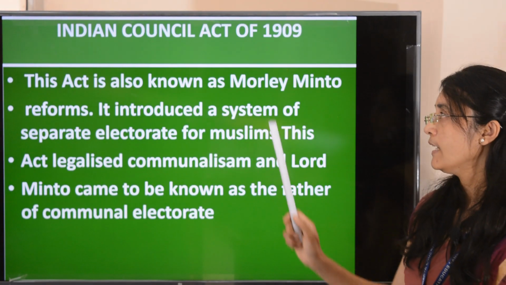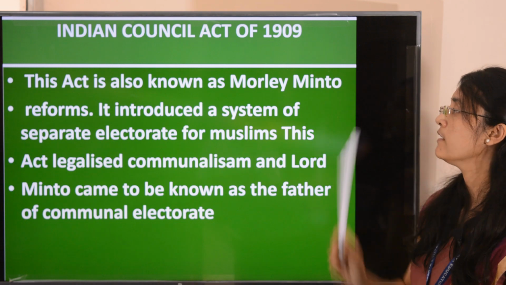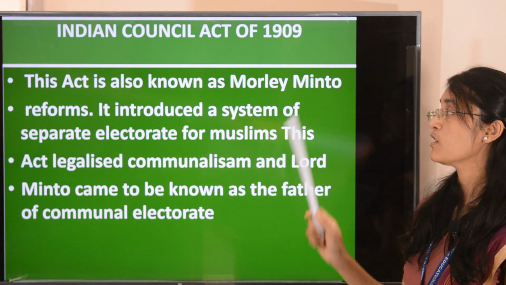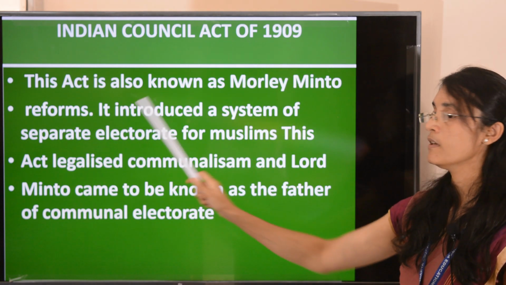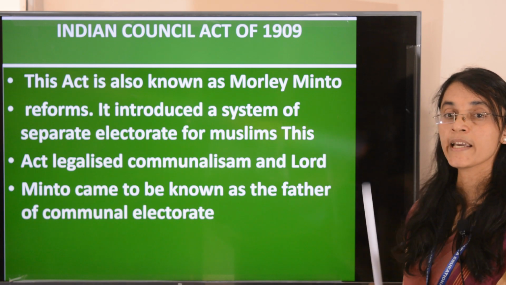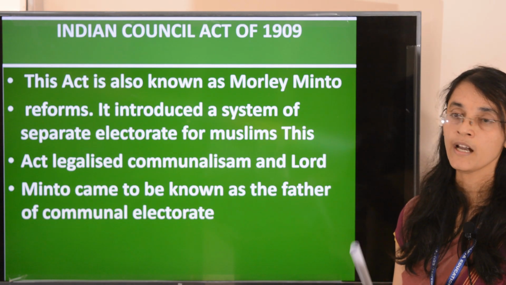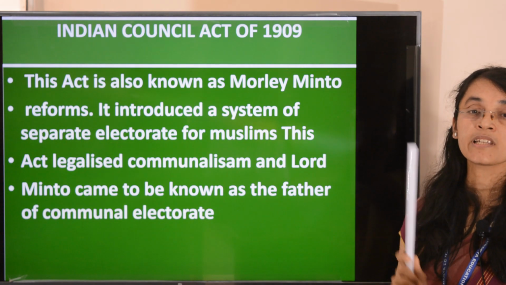See students, next is the Indian Councils Act of 1909. This act is called the Morley-Minto Reforms. Here, Lord Morley was Secretary of State for India and Lord Minto was Viceroy of India.